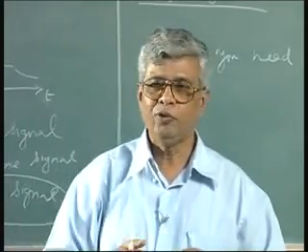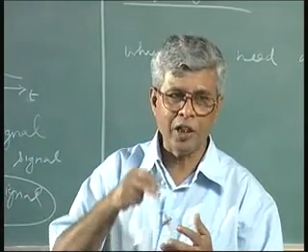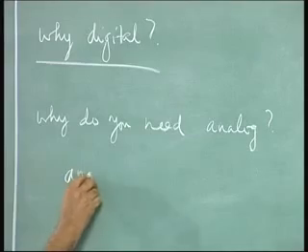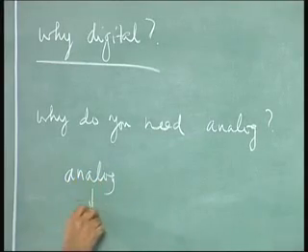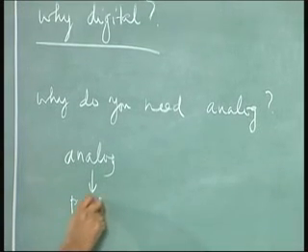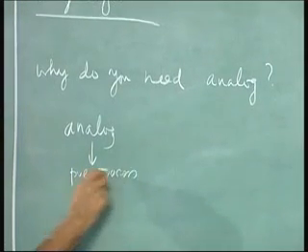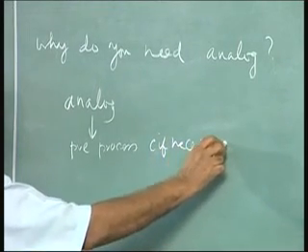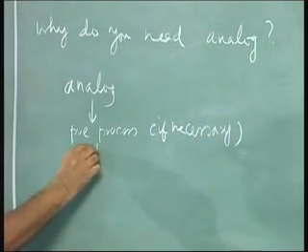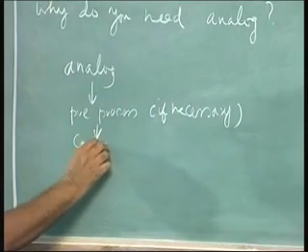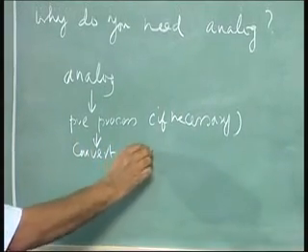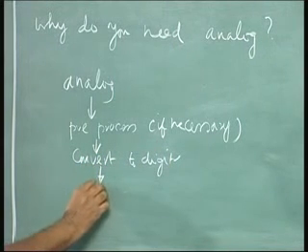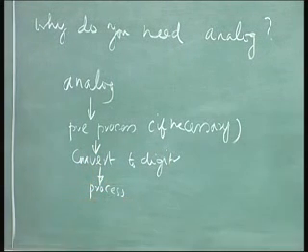So before you take an analog signal and convert it to digital, pre-process if necessary, that is if the signal is very weak. Convert to digital, then process. By process I will put anything, I am not going to put separately store, measure, all that.